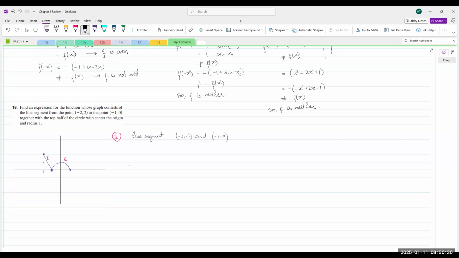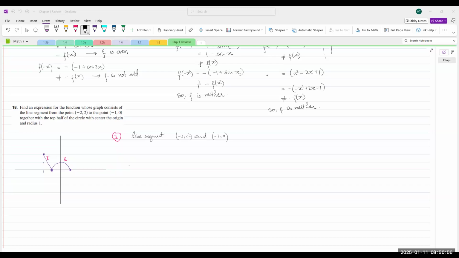No, that is a coordinate. This is not an interval notation. This is a coordinate, the point (-2, 2), not interval notation.